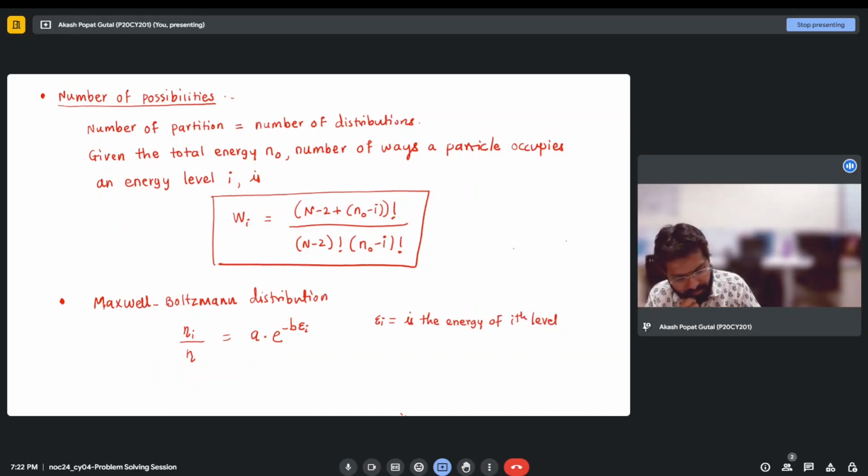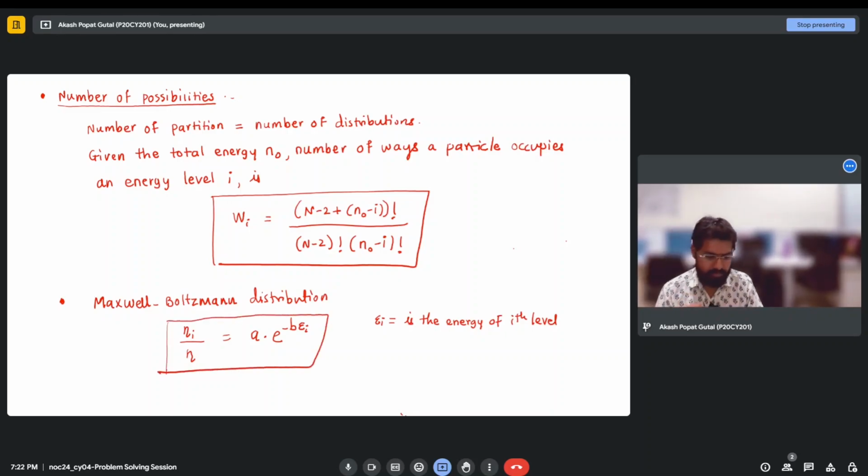From this equation we have derived the Maxwell-Boltzmann distribution.